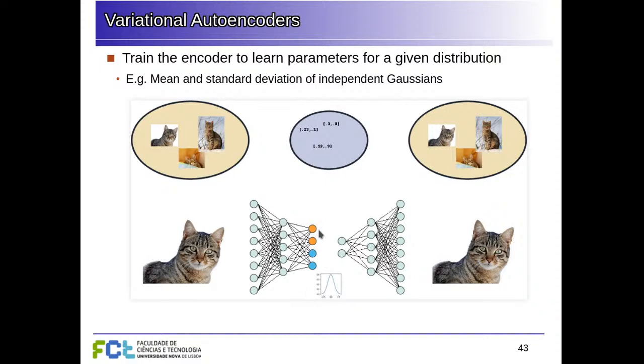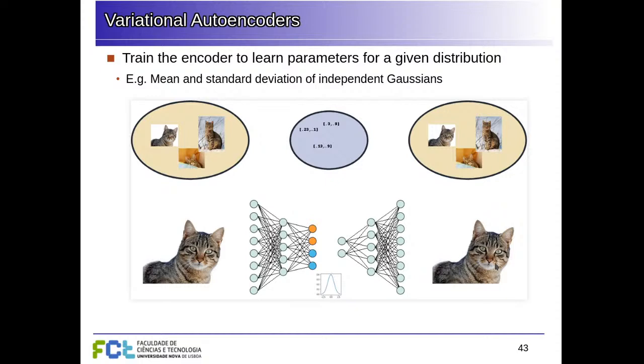If we have the mean and the standard deviation of a Gaussian curve, we can now sample at random a point from this distribution, sample another point from this distribution, and this would be the vector that we input into the decoder in order to generate something that we want to be as close as possible to the input.